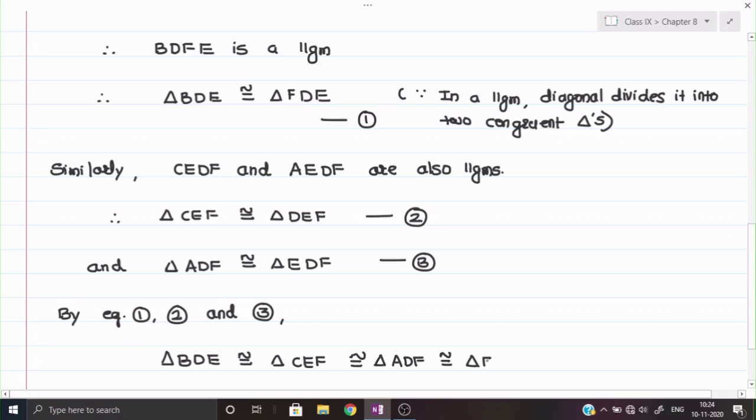See how we can say, because all the three triangles BDE, CEF and ADF, they are commonly congruent to the triangle DEF. So therefore they all will be also congruent to each other.